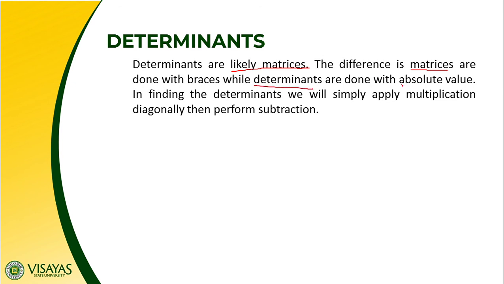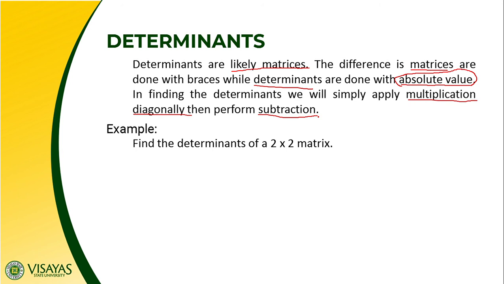So take note of that. That is why here on the determinants, the elements are enclosed in an absolute value sign. So in finding the determinants, we will simply apply multiplication diagonally, then perform subtraction. So you multiply the elements on the diagonals and you get the difference of the products.